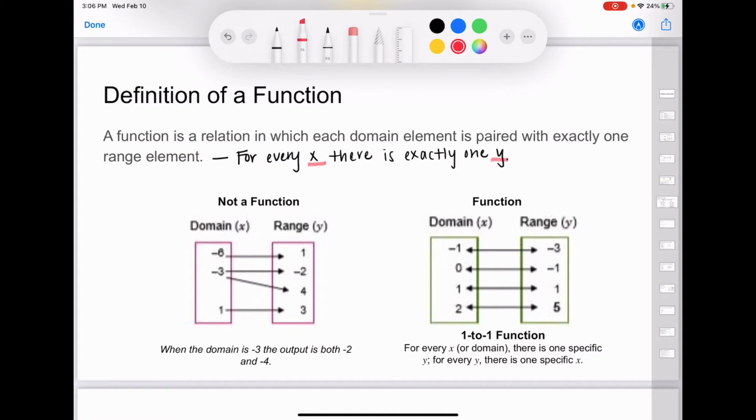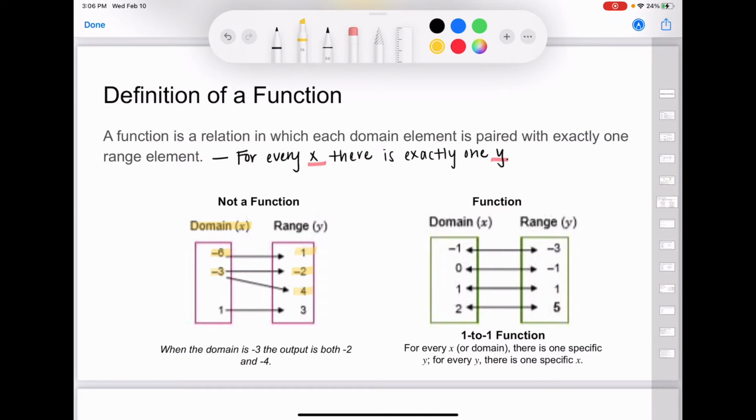And so let's see what this looks like. Well, here we have our set of x values. And as you can see, the x value -6 is paired to one y value. The x value -3 is paired to two y values, -2 and -4.